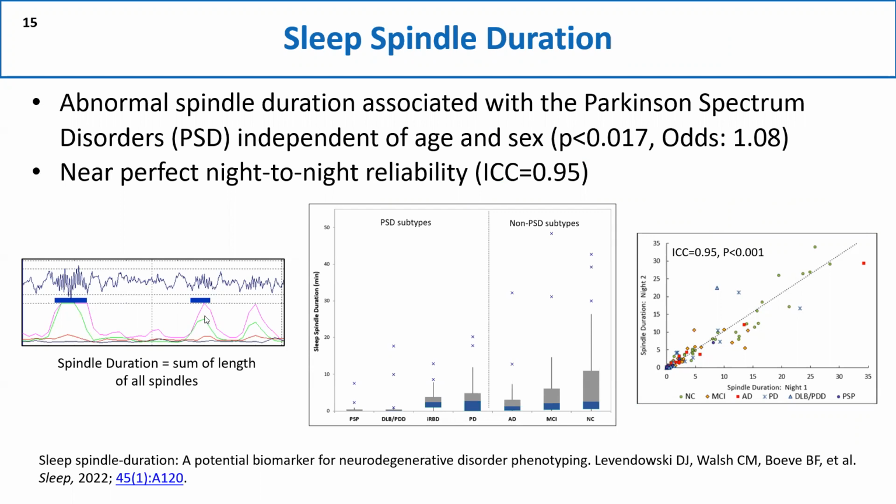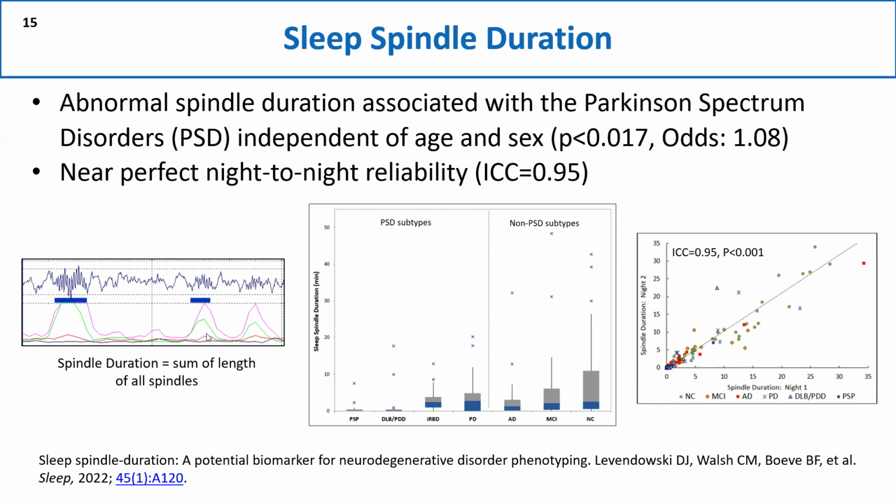The point here is to develop an algorithm that can capture both slow and fast spindles, because as an initial pass, what's important is to be able to detect the spindles and accurately characterize their length.